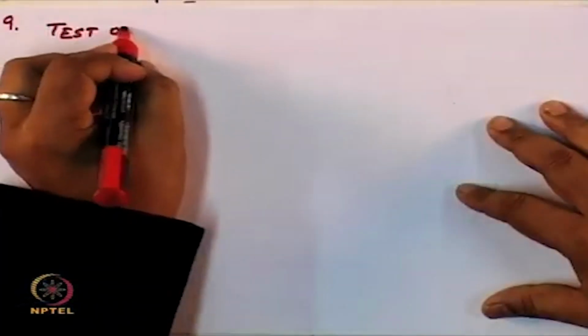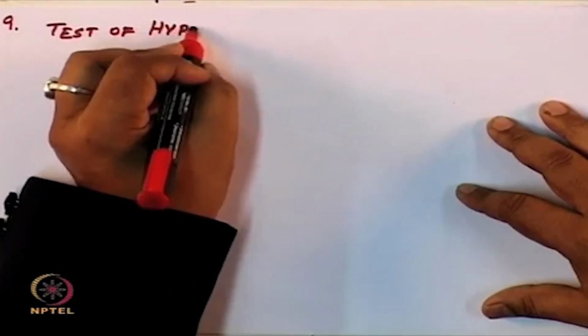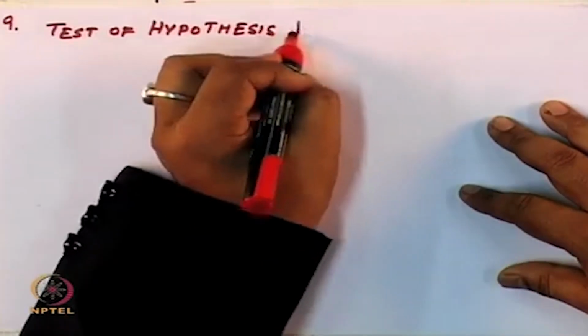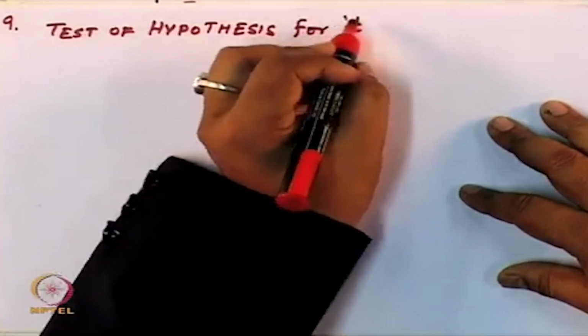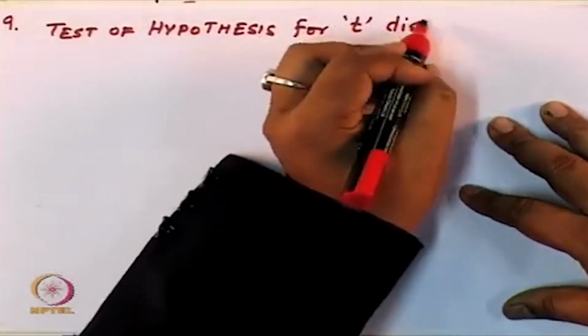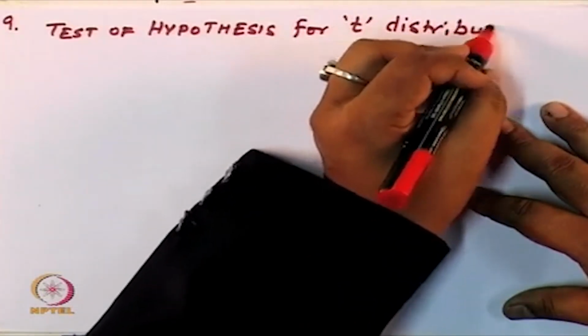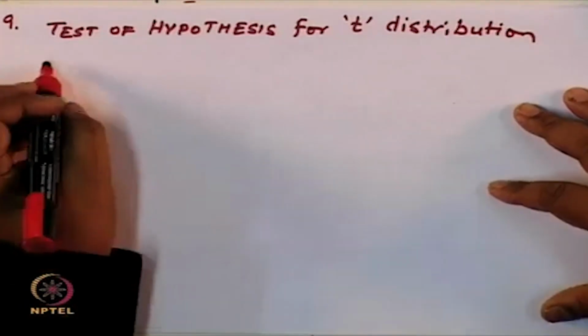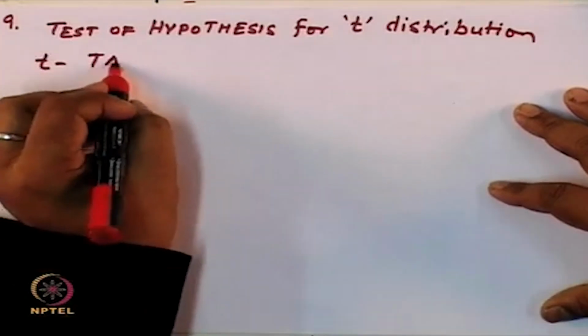So, for a T distribution, how do we do a test of hypothesis? What is provided in a T table are the following.